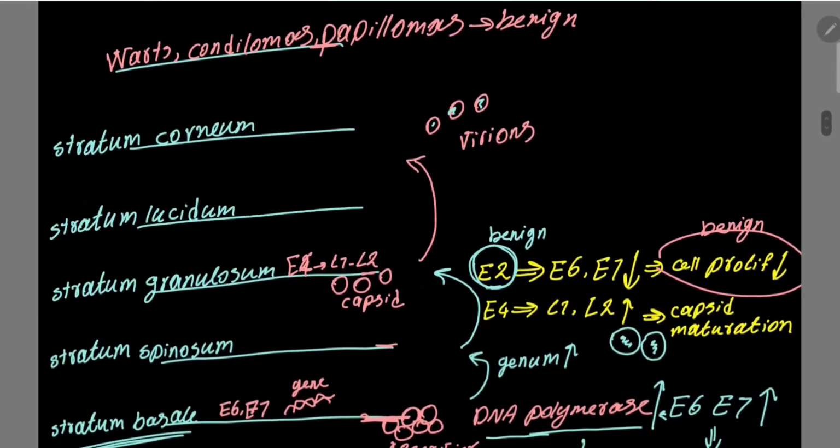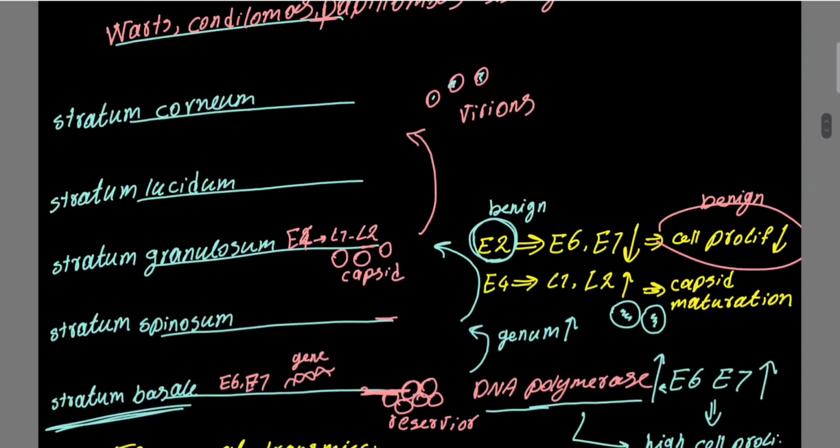Now we're going to talk about how this virus is going to start its journey. The first place that the virus wants to go and use as the reservoir, meaning the place that is like a store for the virus, is the stratum basale, the first layer of the skin.